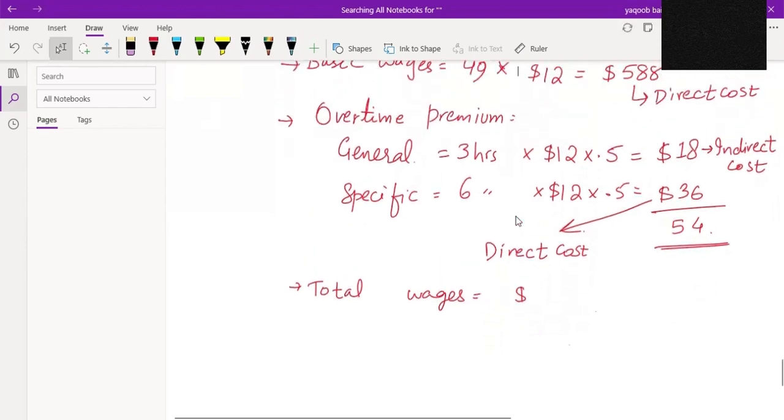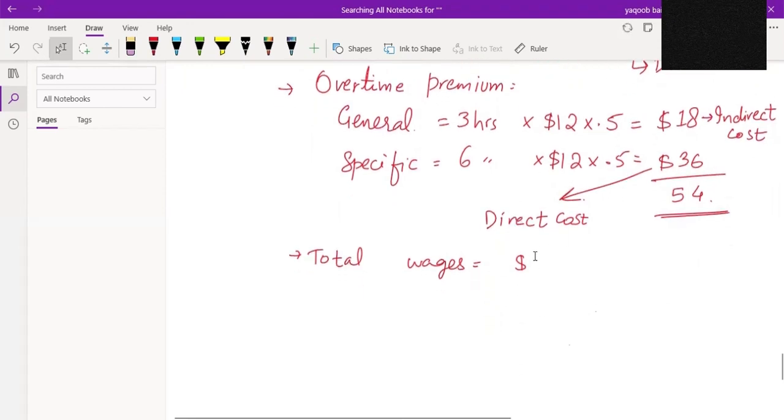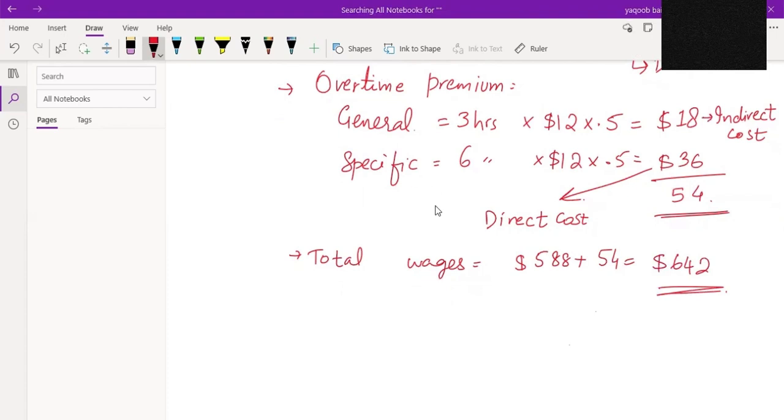Basic wages are 588 and overtime premium is 54, which includes both types of overtime premium. 588 plus 54 is 642. This is the way to calculate the total wages of the direct labor. Now we will calculate total wages of indirect labor.